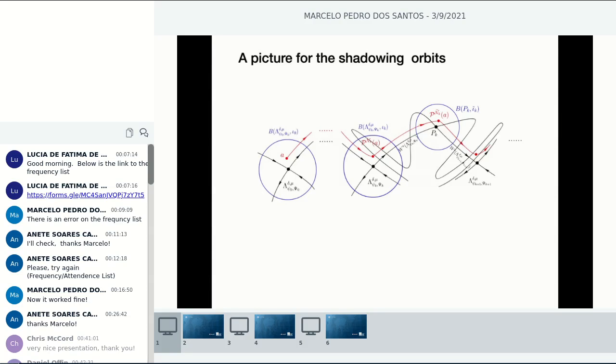Here is A, and the trajectory is marked in red. It will be sent to the neighborhood of the second point due to the lambda lemma, because the stable manifold and unstable manifold transversely intersect each other.